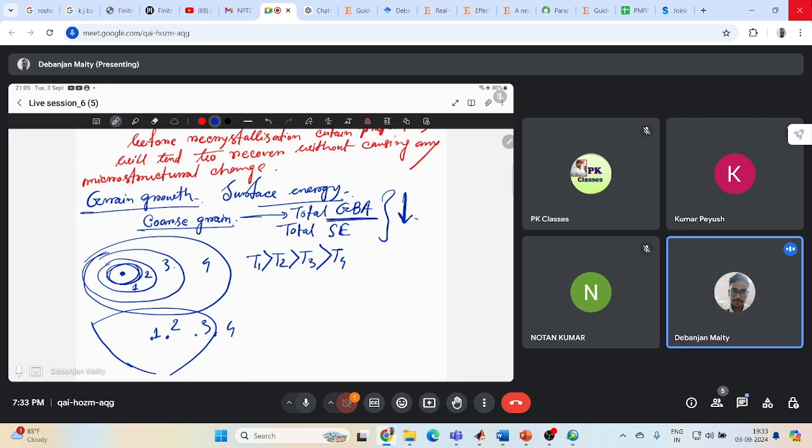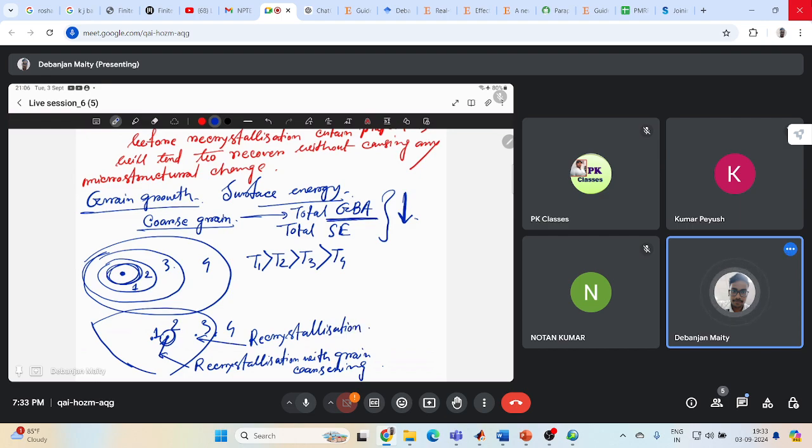Over here, the possibility of recrystallization will be much more, possibly recrystallization with grain coarsening. At point 3, there will be recrystallization without grain coarsening.